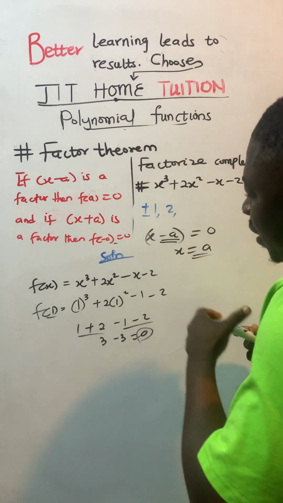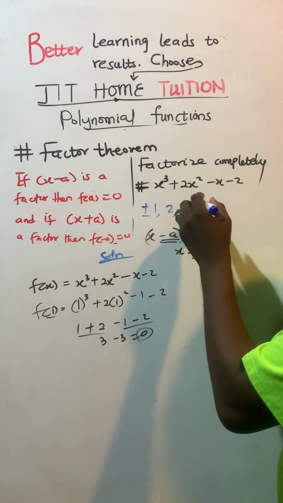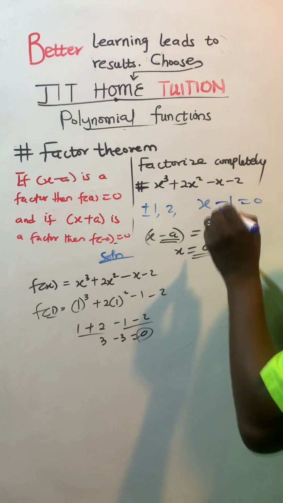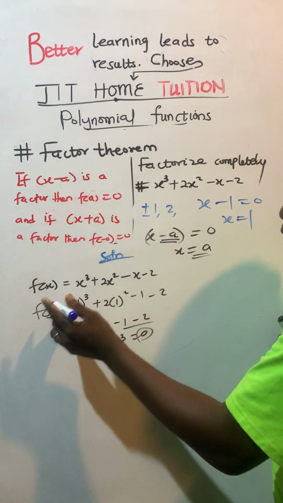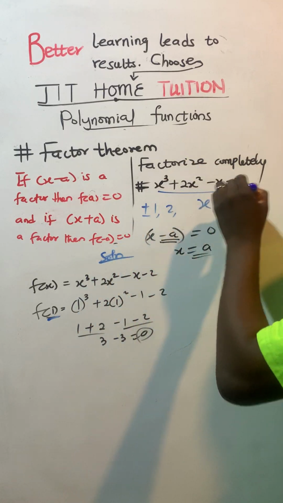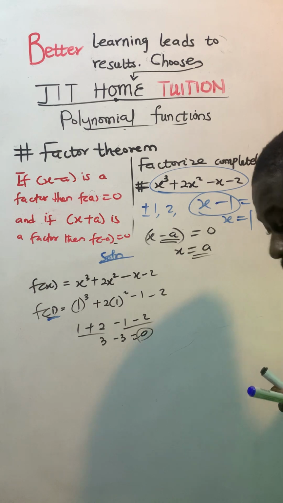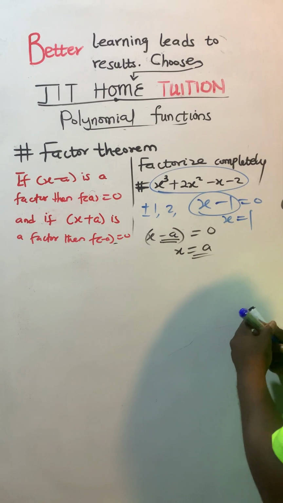So for us to get a factor like what we are seeing over here, it will have to be x minus 1 equal to 0, then x will become equal to 1. That 1 is what we put in over here. So if you want the factor to divide this, we will have to write it this way.